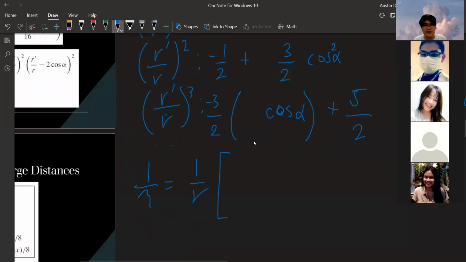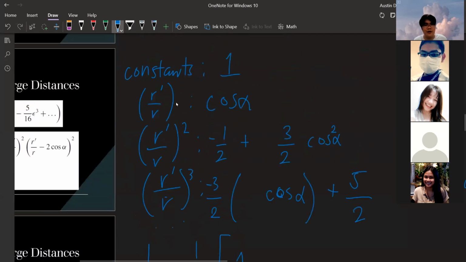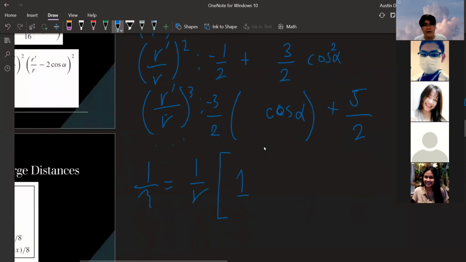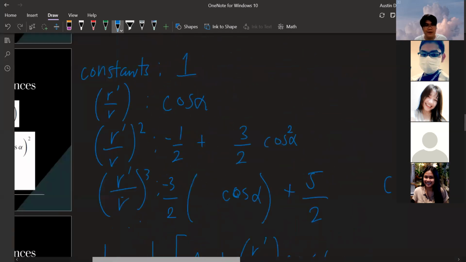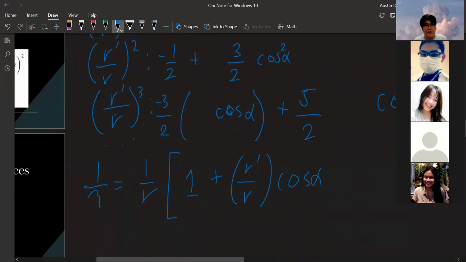Sulat ko muna yung constants. 1. And then for r prime r, I have this guy. Sulat ko si r prime r. Then yung mga nakuha ko, cosine alpha. And then next will be r prime over r na squared naman. Nakakalito to guys.